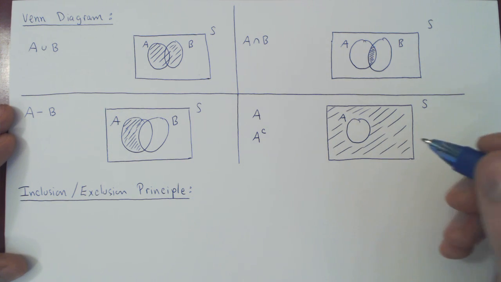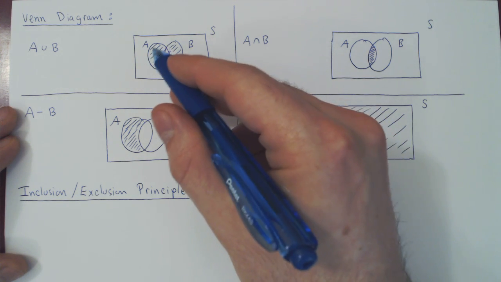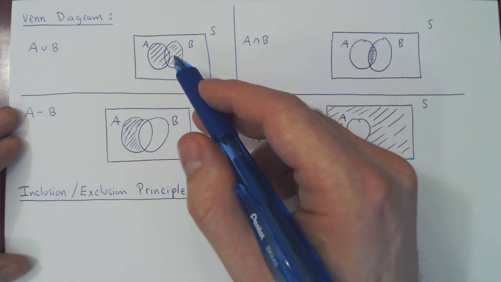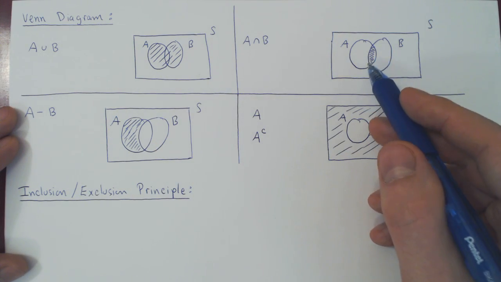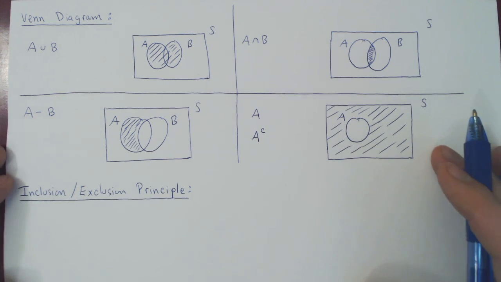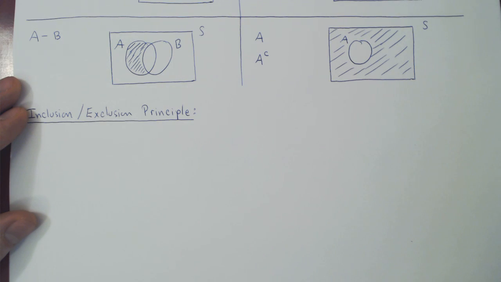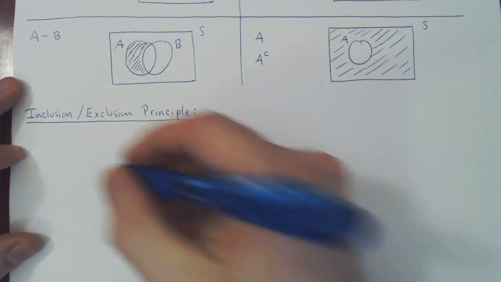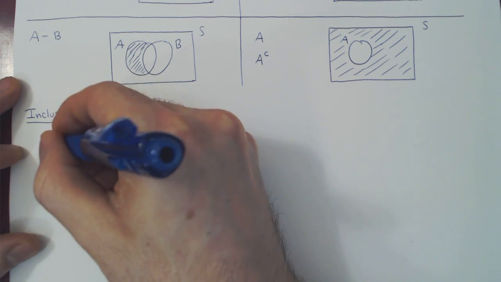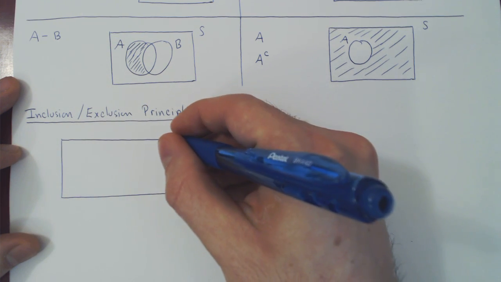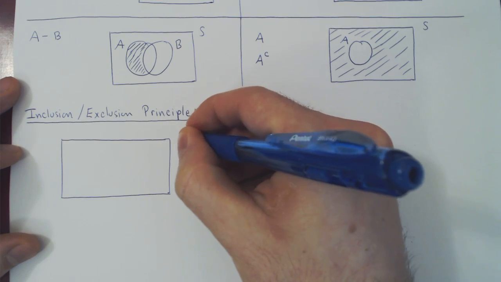And the question is, what if we want to count the number of elements in A union B, and we know the number of elements in A, in B, and in the intersection? Can we somehow figure it out? Well, we'll start with a Venn diagram. So suppose we have our sample space S, the set that contains all possible outcomes in our experiment.